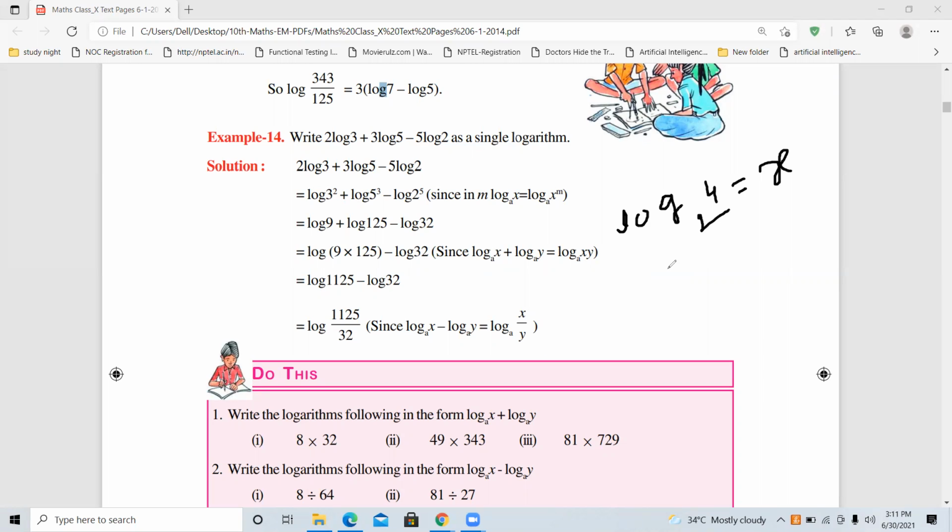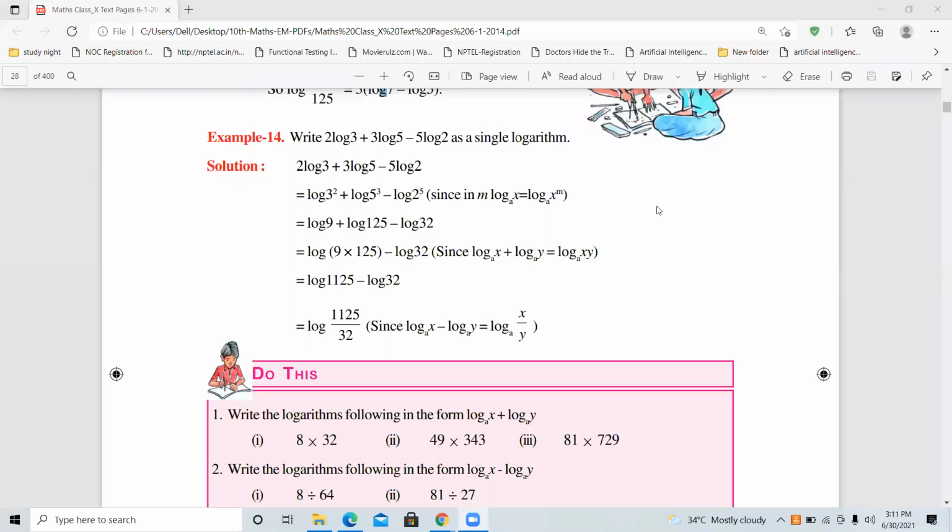Now, the exponential form for this logarithmic form will be 2 power x equal to 4. We can write the 4 as 2 square. We all know that when the bases are equal, then the exponents must be equal, and hence the value of x will be 2. In this way, we have to find the values of the given logarithms.